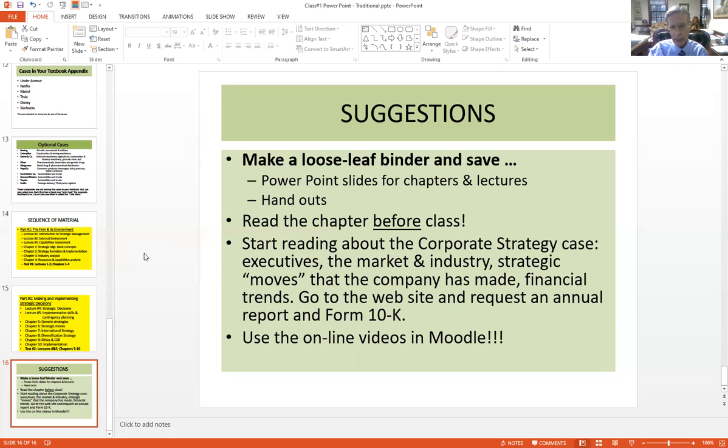In any event, the problem is that we may not be able to go over all of the chapters with PowerPoint slides in every class, and I doubt that we can. So for the chapters that we do not go over, I will prepare a video and post it to Moodle so that you can still get my input as to what the most important points of the chapter that we did not discuss in class are.